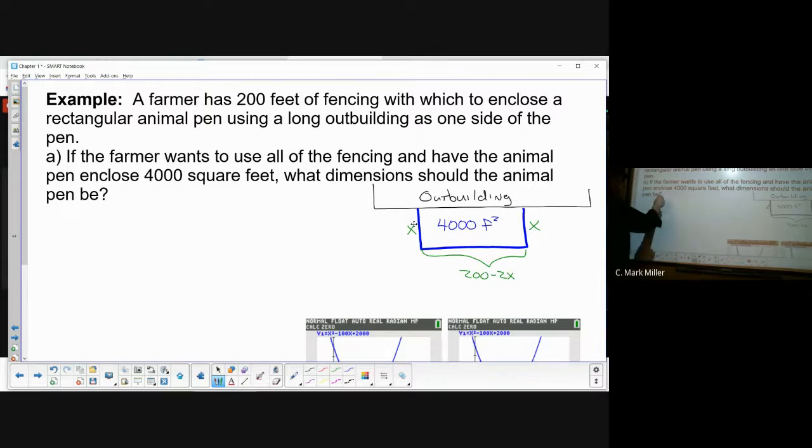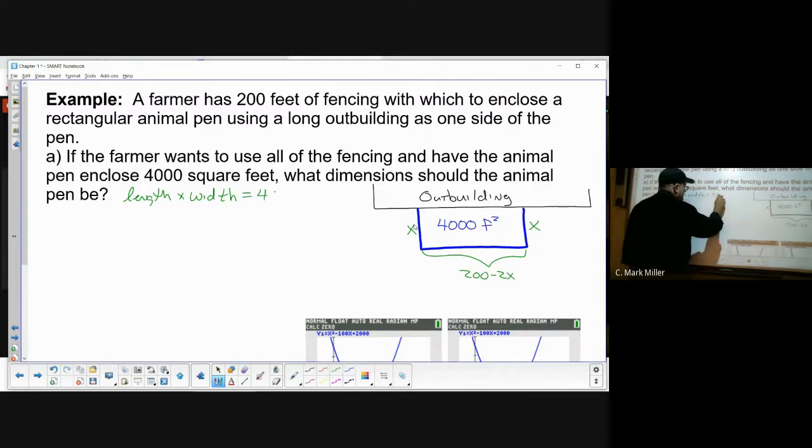So length, and it might be useful to you. You don't have to do this, but it might be useful to you to summarize in sort of a mix of English or your language and math. It's not part of the problem. It's not required. But you might say something like, well, length times width is going to equal 4,000.